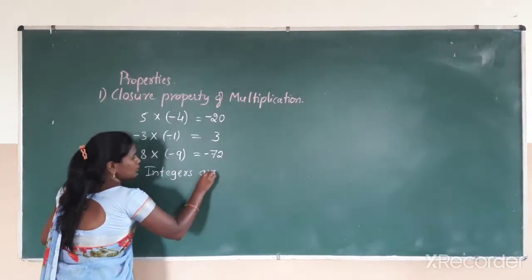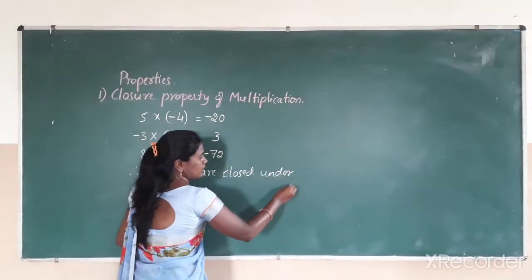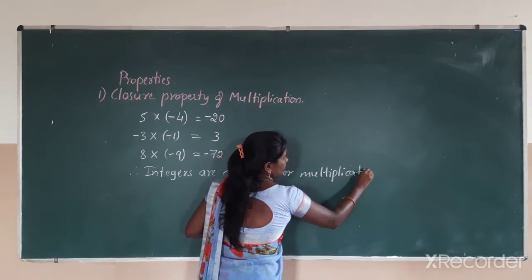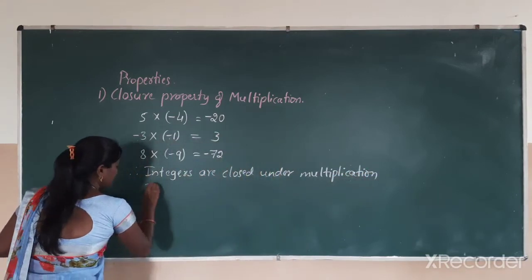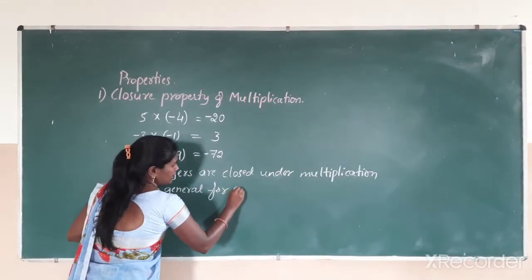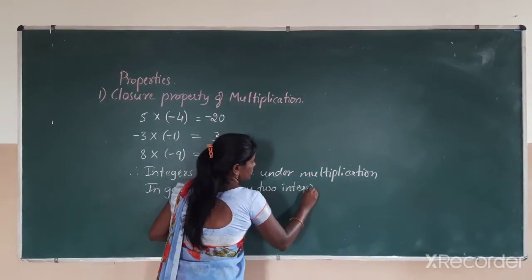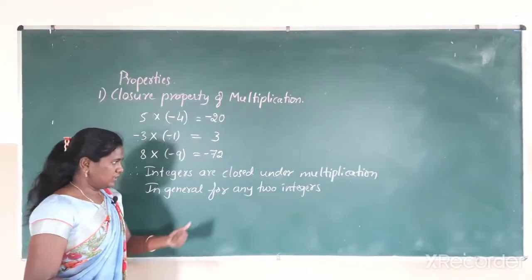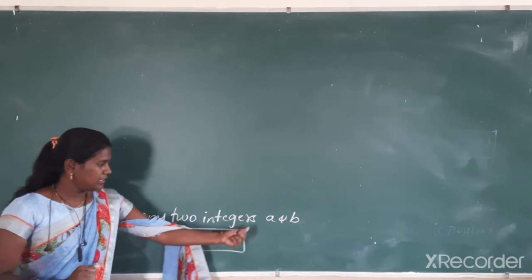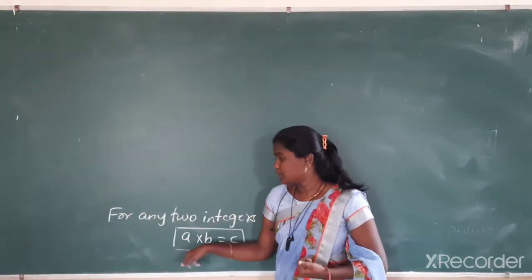In general, for any two integers a and b, a into b is equal to c, where a and b are two integers.